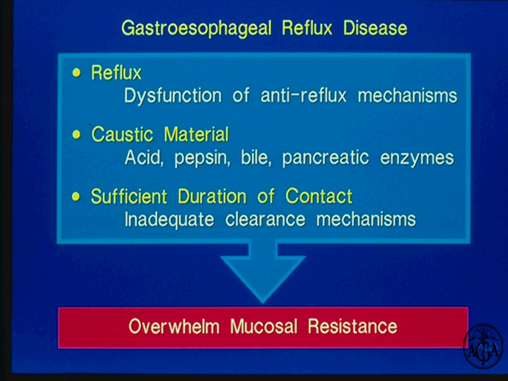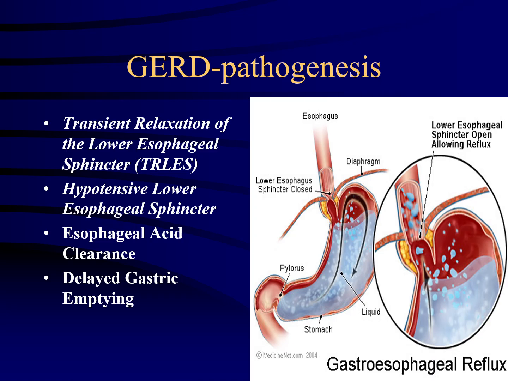The offense, or the potency of the refluxate, includes factors contributing to mucosal damage such as direct toxic injury and prolonged mucosal contact time with the gastric components, which are mainly the acid, pepsin, and bile.